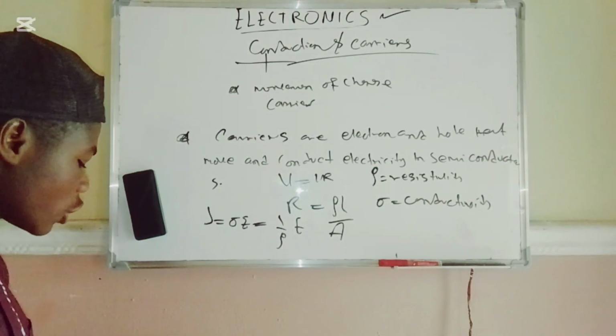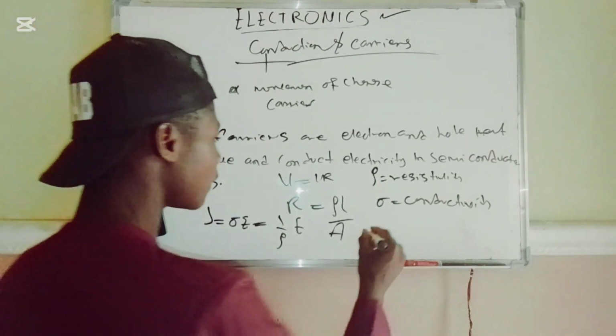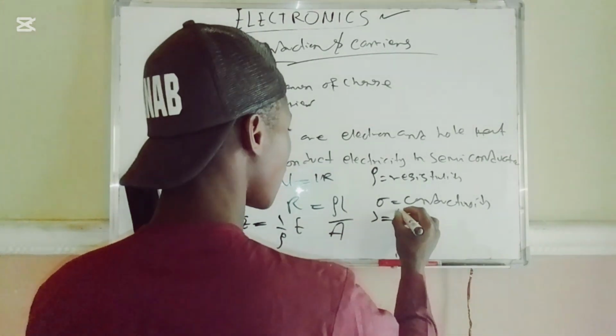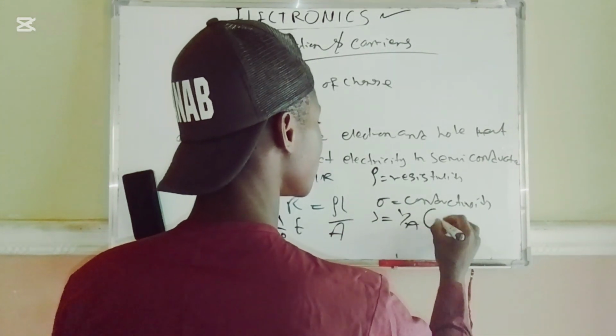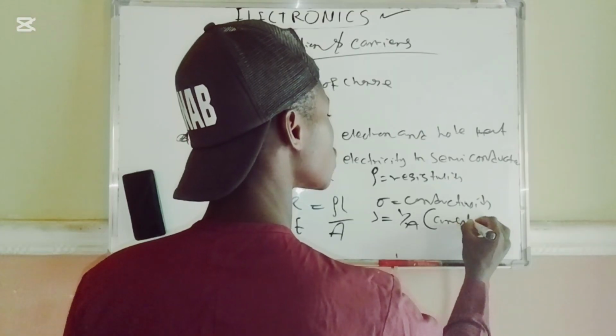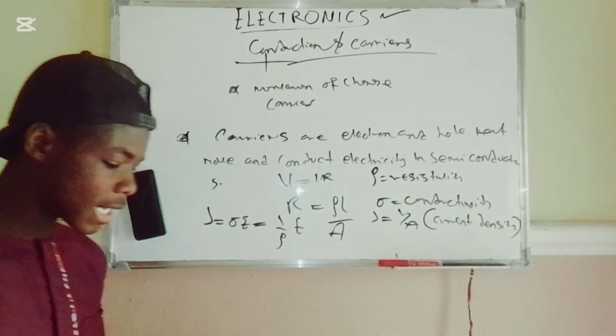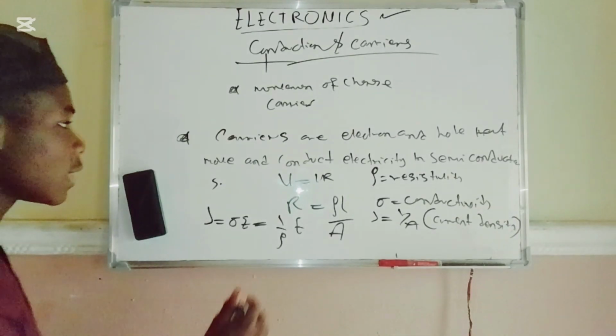J is the current density, which is the same thing as 1 over A times I.